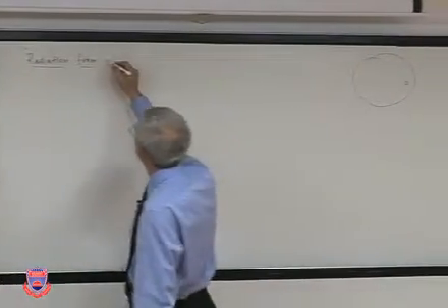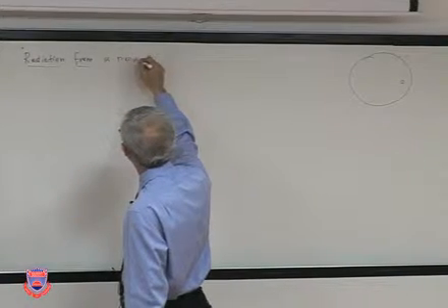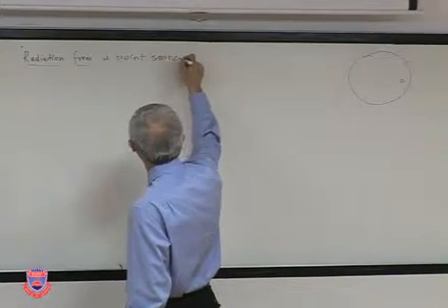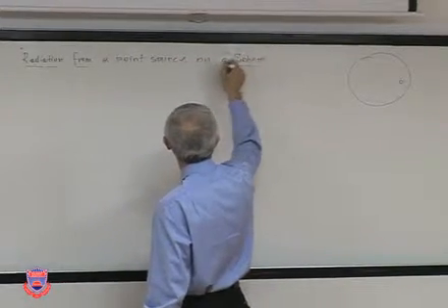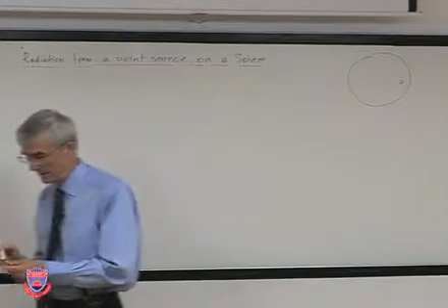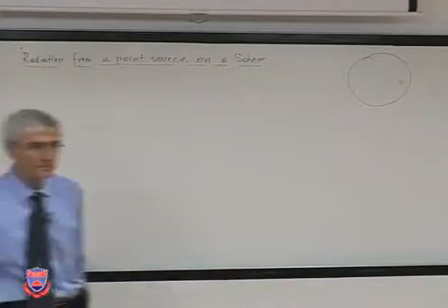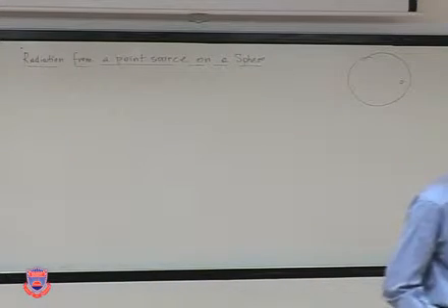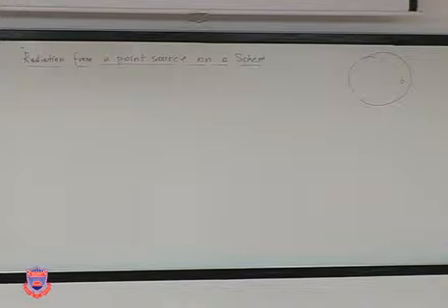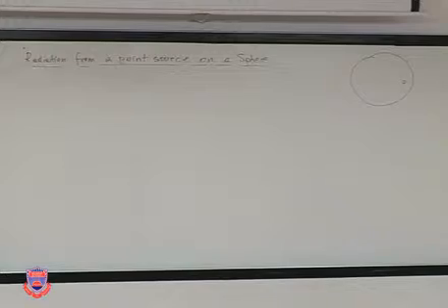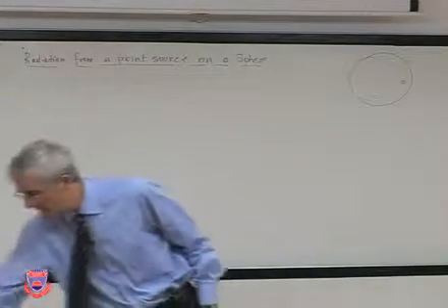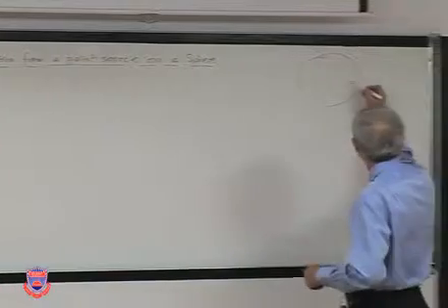So radiation from a point source on a sphere. Okay, what is the expression? This is just one part moving at a constant amplitude, just this.